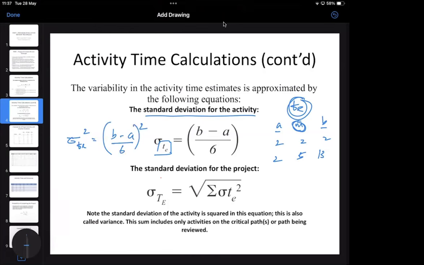If you get the square value of the standard deviation, you will end up with the variation. Is it clear? When we take the square of the standard deviation, what do we get? The variance. Right? Is it clear to you? If not clear, tell me.